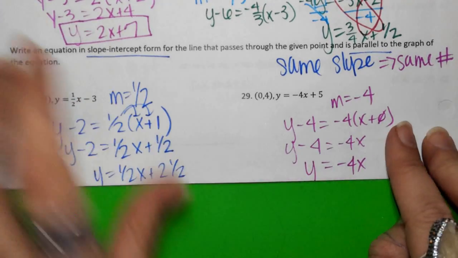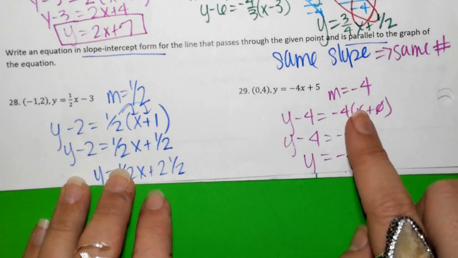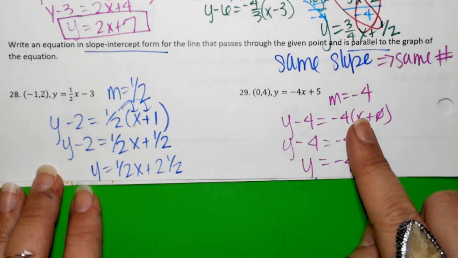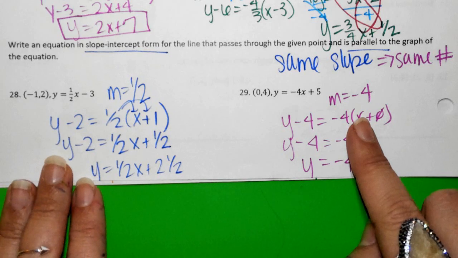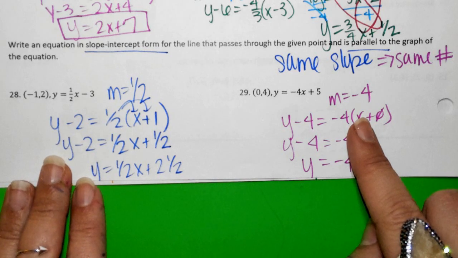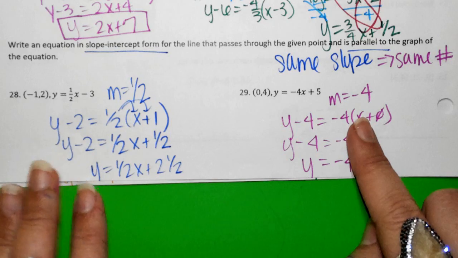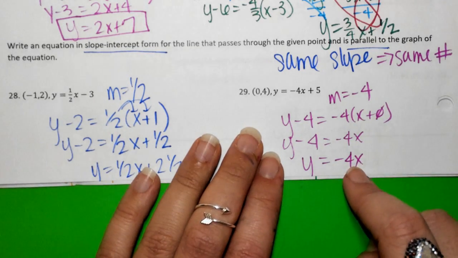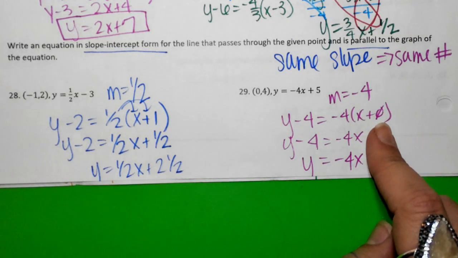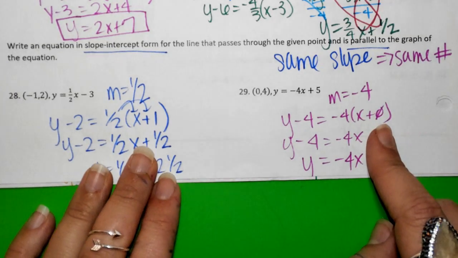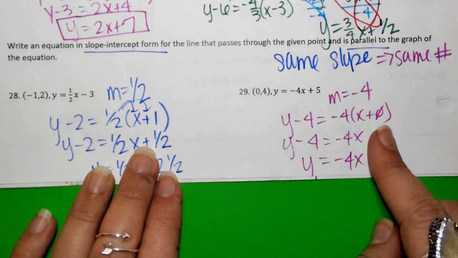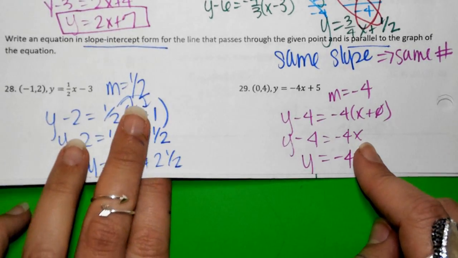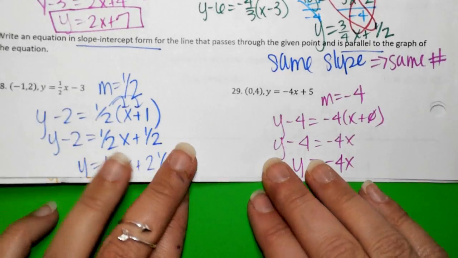So you distribute, and then you write it down. Your 0 goes away. We have 10 minutes. Calm down. Any other questions on the study guide?